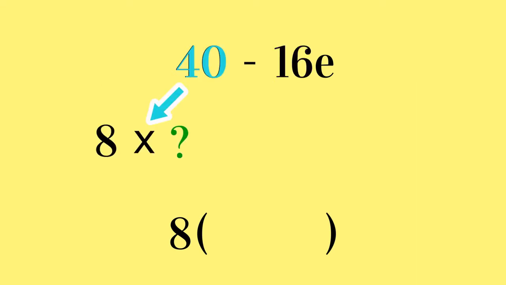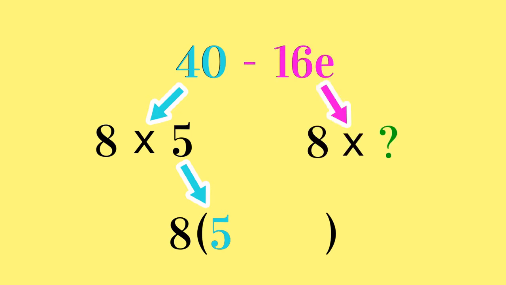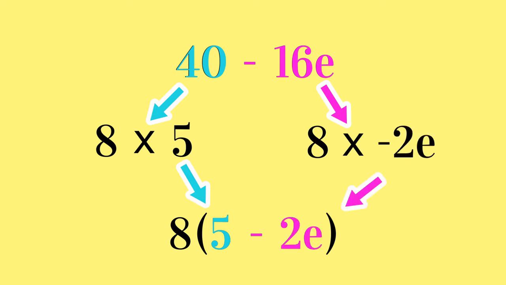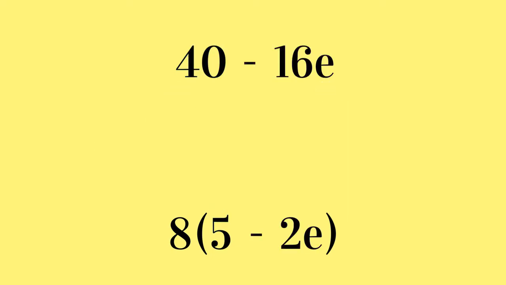To get 40, we multiply 8 by 5, so 5 goes into the brackets. To get negative 16e, we multiply 8 by negative 2e, so the final answer is 8 open brackets 5 subtract 2e close brackets.